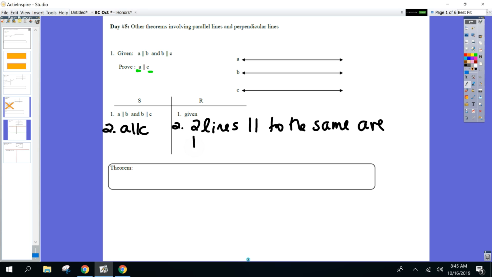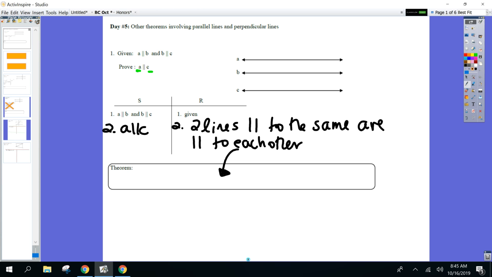Parallel to each other. Or you can just write parallel, that's fine, but parallel to each other. Questions there? I'm not going to have you write it over again, but that is the theorem. Theorem number 1 of 3 anyway.